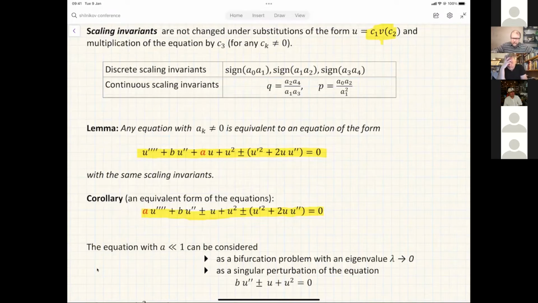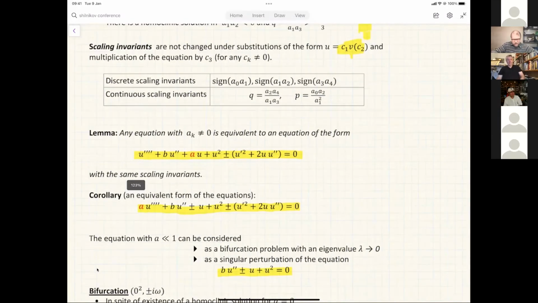Now, the problem with singular perturbation is that although the truncated equation, this one, is integrable and has a soliton, it's not guaranteed that if A is a small positive number, the soliton will be preserved.